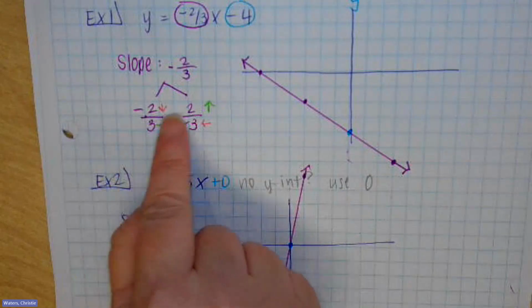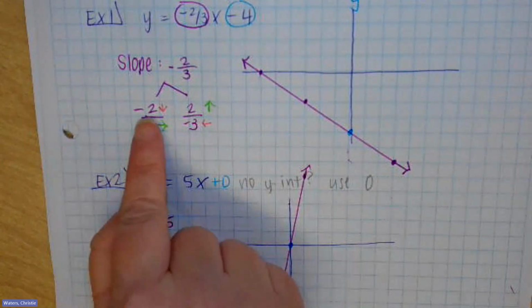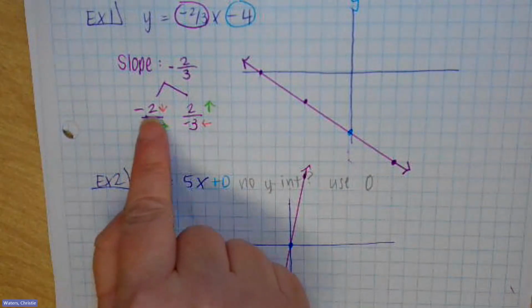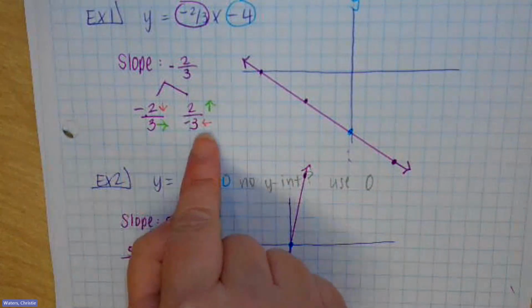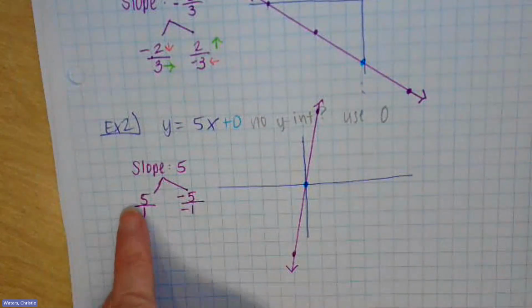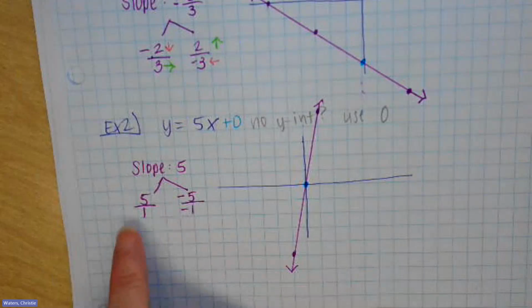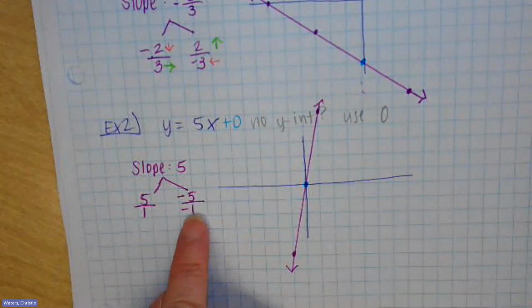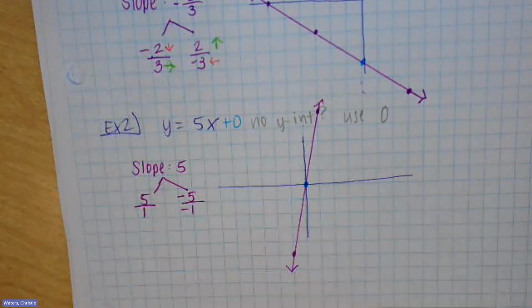Now, the rule is you have to change both numbers. From negative to positive, this 3 changed from positive to negative. And down here, I also changed both numbers. I went from positive to negative and then positive to negative. So once again, you have to change both numbers.